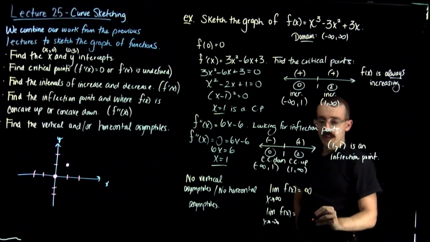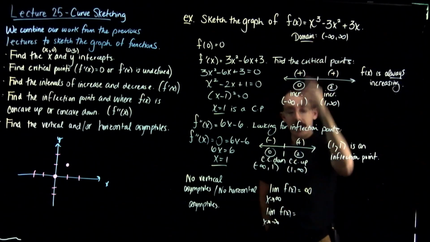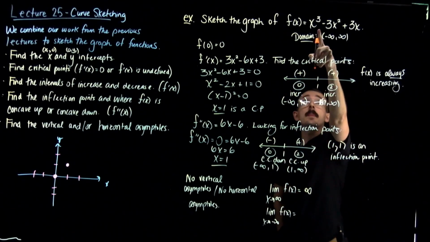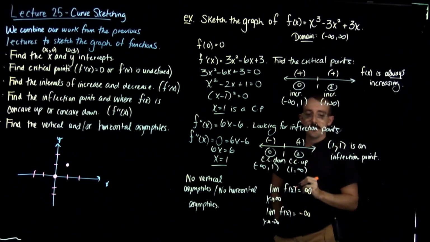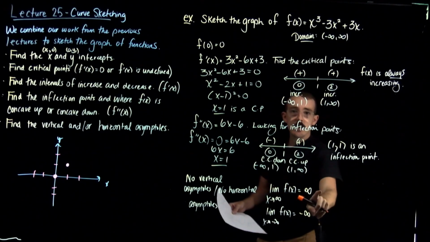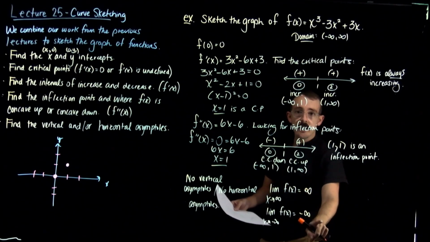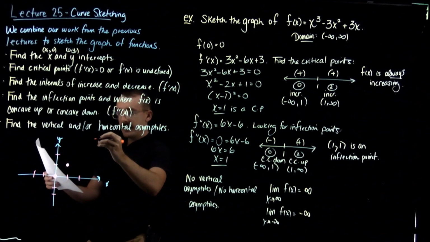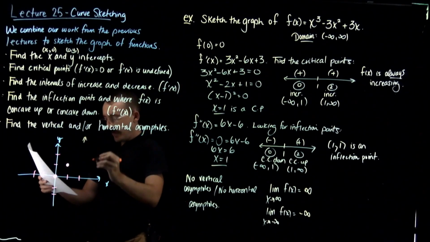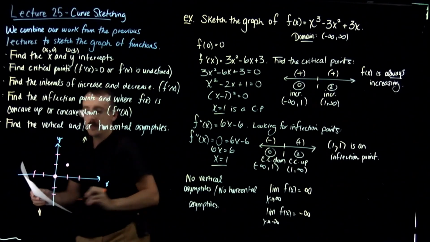And this is going to go to infinity. Here I have an odd power. So if I plug in -1 here, and then also plug in a large number, this will go to negative infinity. So we kind of have tail behavior where it's going up on the right, and then if you go out left, it's going to be down. So we have something like this. We have a tail that goes this way. We have a tail that goes this way.